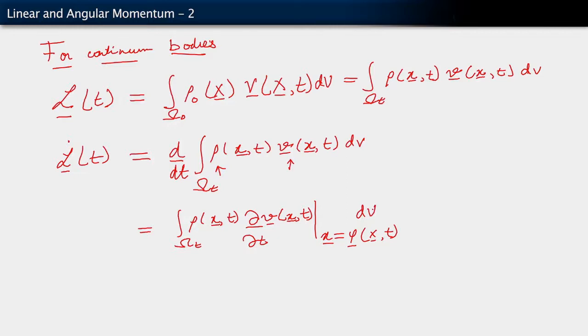Which is also, of course, our definition of the spatial acceleration. All right, so here we have it. This is our formula for the rate of change of linear momentum of a continuum body. And just for convenience, let me also write it using the acceleration.